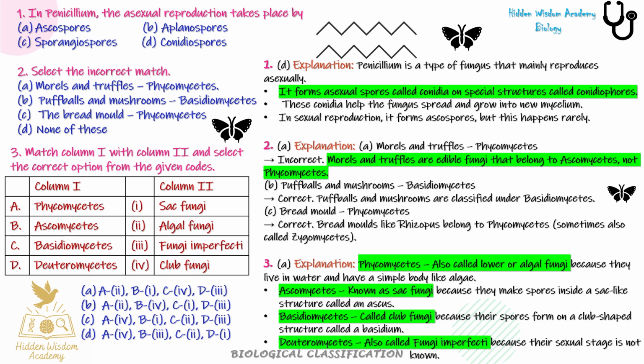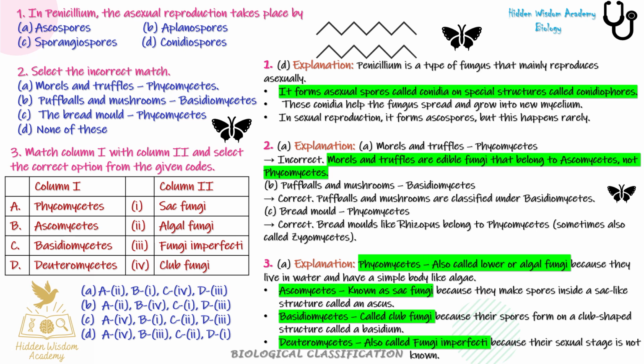Question 1. In Penicillium, the asexual reproduction takes place by Option A. Ascospores. Option B. Aplanospores. Option C. Sporangiospores. Option D. Conidiospores. Explanation.